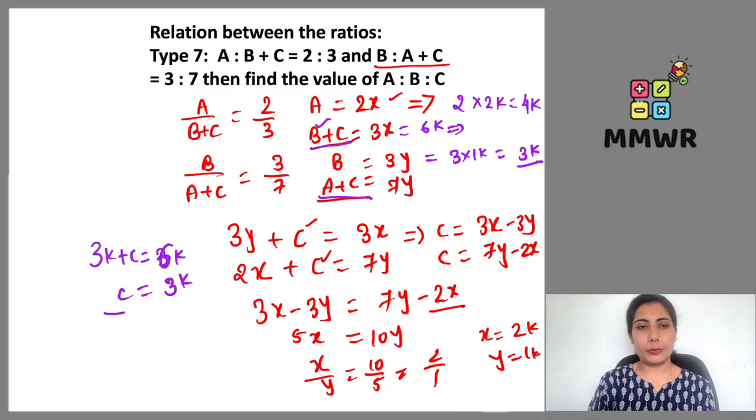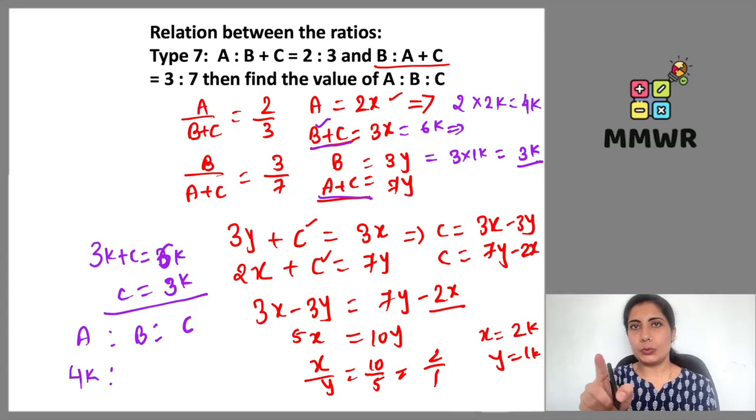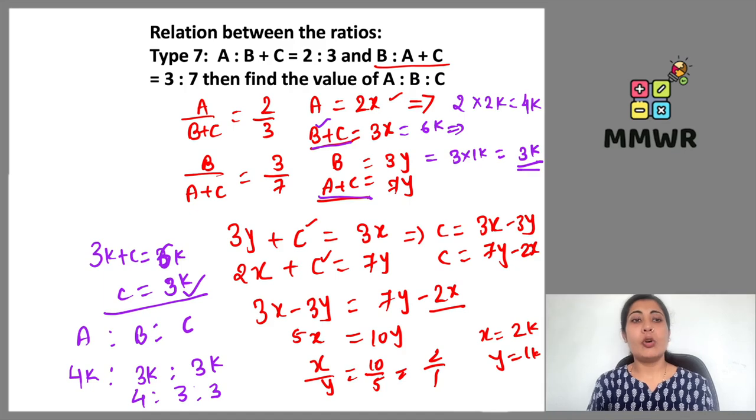So we got the value for C also. The value for A is 4k, the value for B is 3k, and the value for C is again 3k. So the ratio is going to be 4:3:3. This is the final answer for A ratio B ratio C.